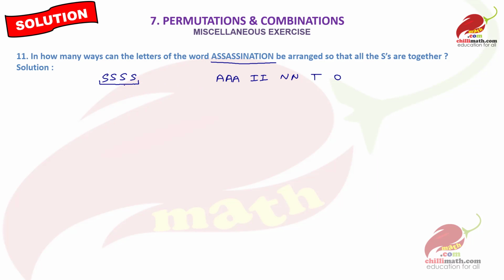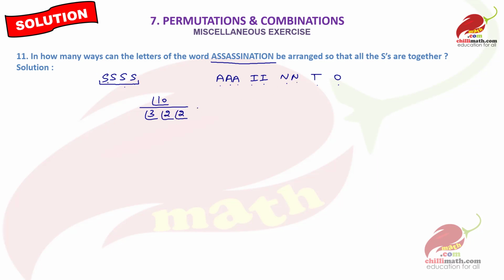So how many elements do we have? 1, 2, 3, 4, 5, 6, 7, 8, 9, 10. So assuming it as one unit, we total have now 10 units. So can be done in 10 factorial. Over these 3 A are repeating, these 2 I are repeating, 2 N are repeating.